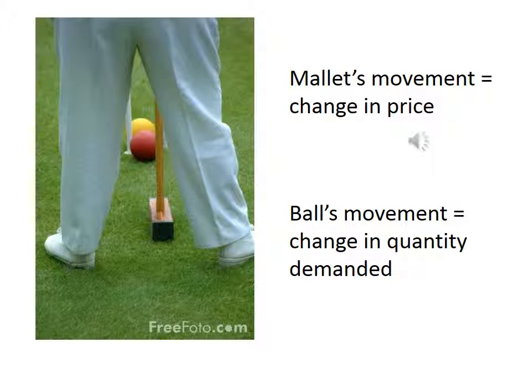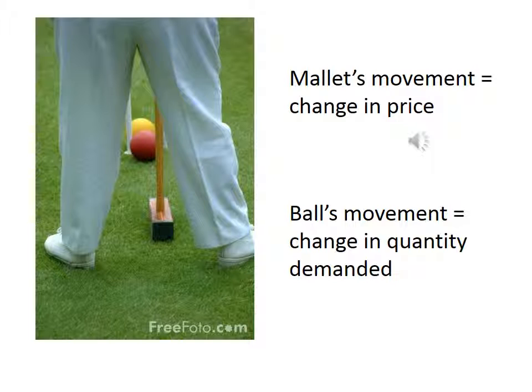Visualize someone hitting a croquet ball with a mallet. So you hit the ball and you know what direction the ball is going to go, but you can't be certain how far the ball goes. That's going to depend on the characteristics of the ball and how much friction there is in the ground. So when we think about price elasticity of demand, the swinging of the mallet, that's the change in price.